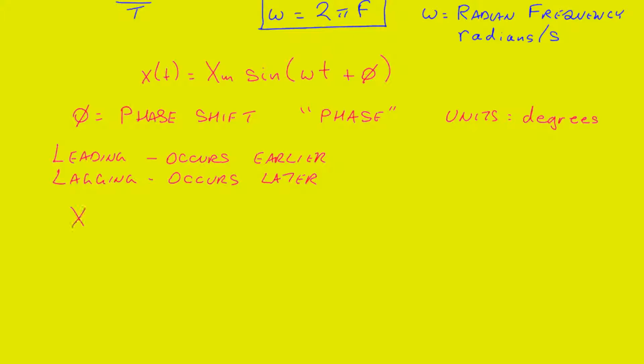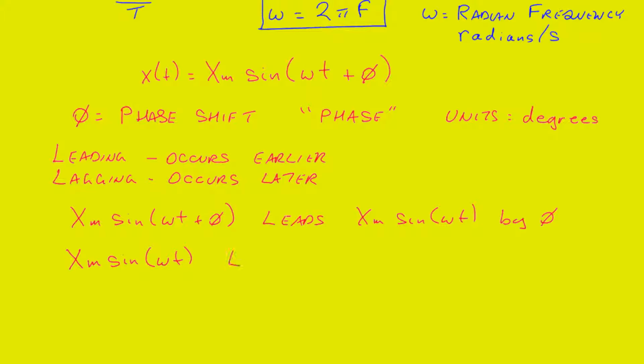We can say that x sub m sine omega t plus our angle leads x sub m sine omega t by our angle. Alternatively, we can say x sub m sine omega t lags x sub m sine omega t plus our angle by the same number of degrees.